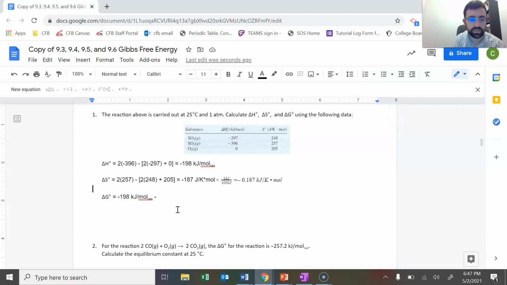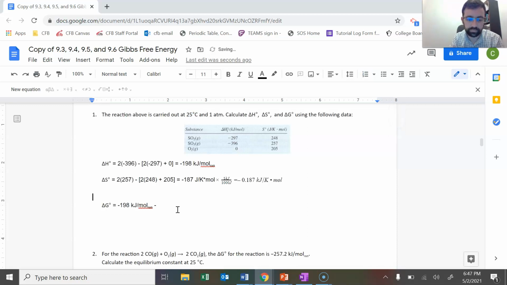So let's do that down here. T equals 25 degrees Celsius plus 273 equals 298 Kelvin. So that's what we're going to be using there.